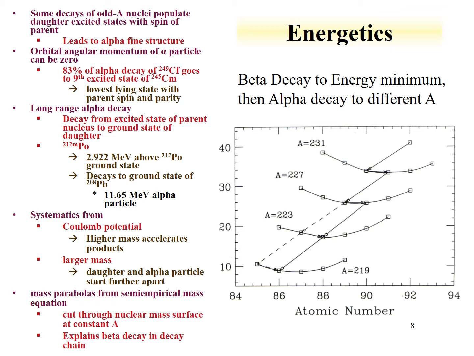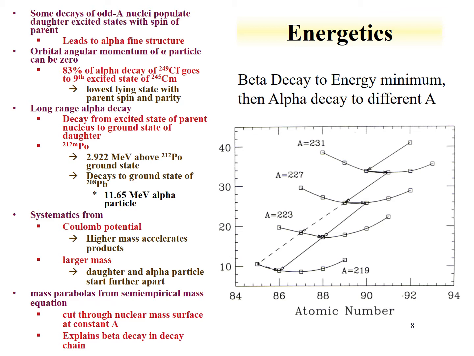We can also observe something called long-range alpha decay, which is really the decay from a metastable state to a ground state of the daughter. So for instance, polonium-212m sits about 3 MeV above the polonium-212 ground state.